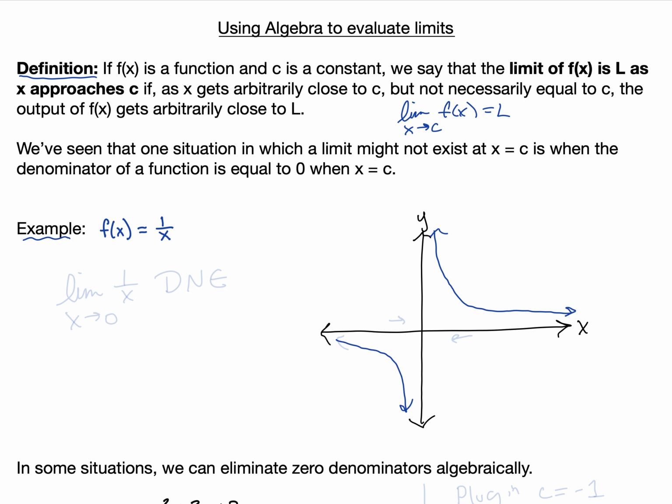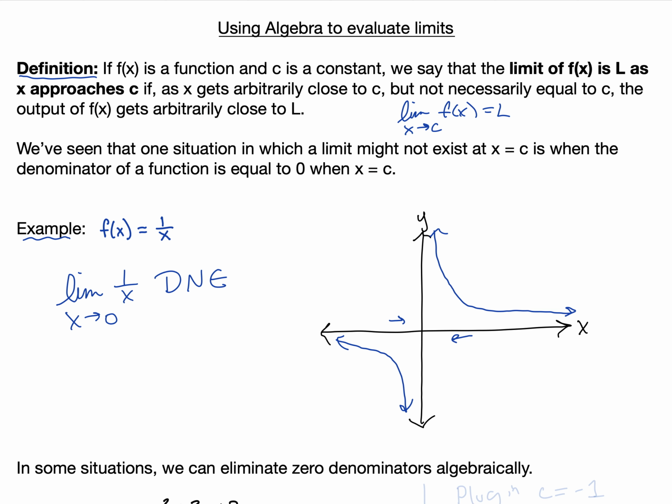The function is approaching positive infinity from the right and negative infinity from the left. And the limit as x approaches 0 of 1 over x does not exist.